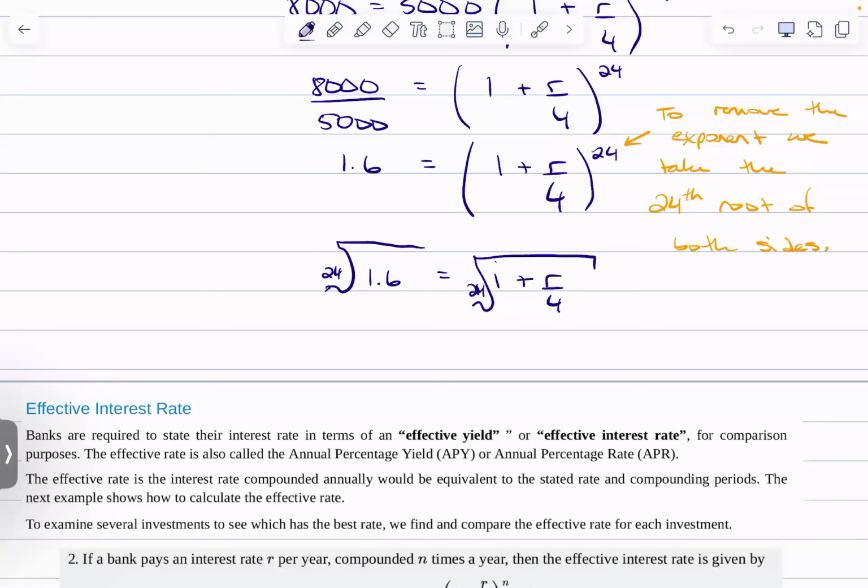The 24th root, you can rewrite as to the power of 1 over 24. And that's how you're going to take any root of any number.